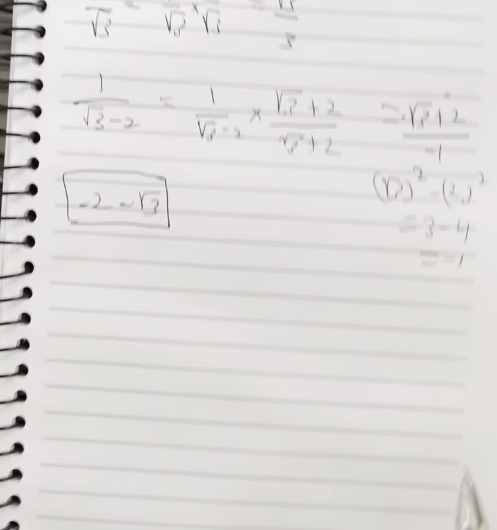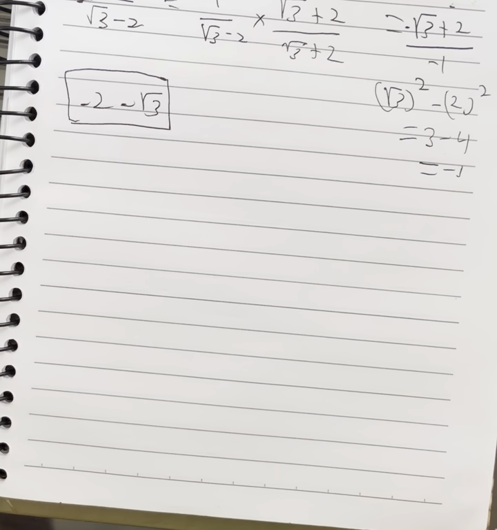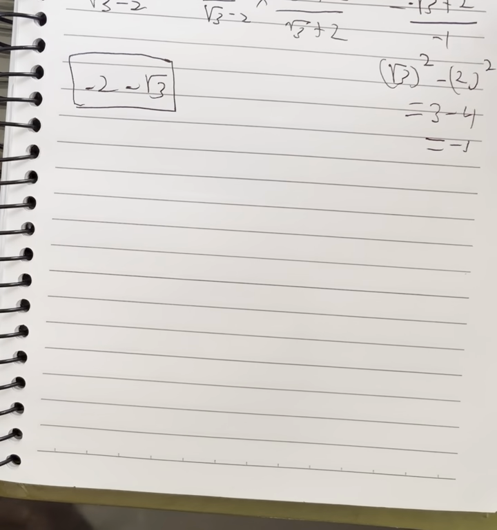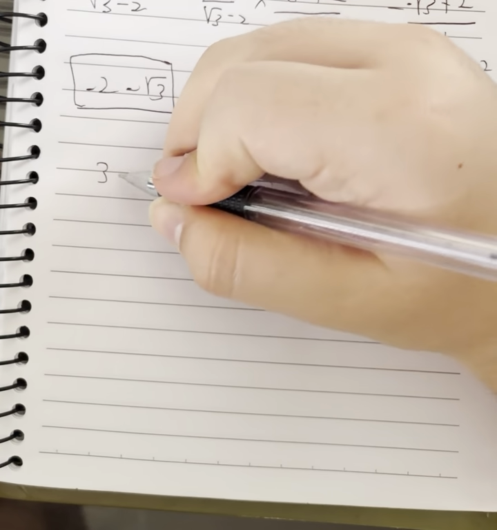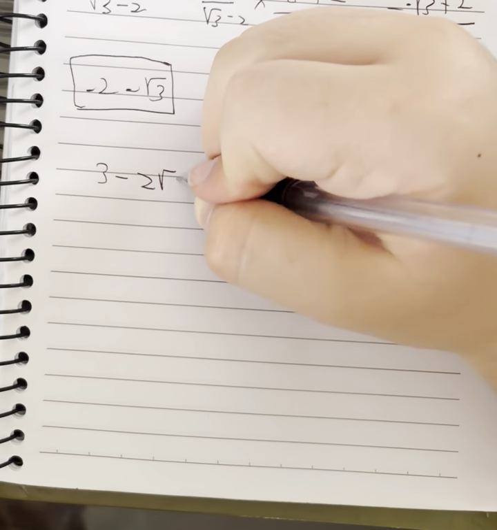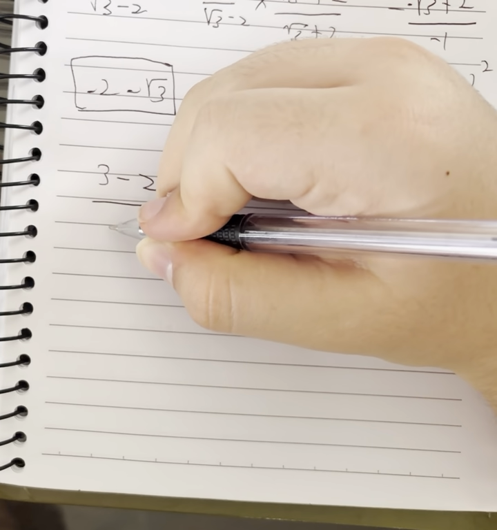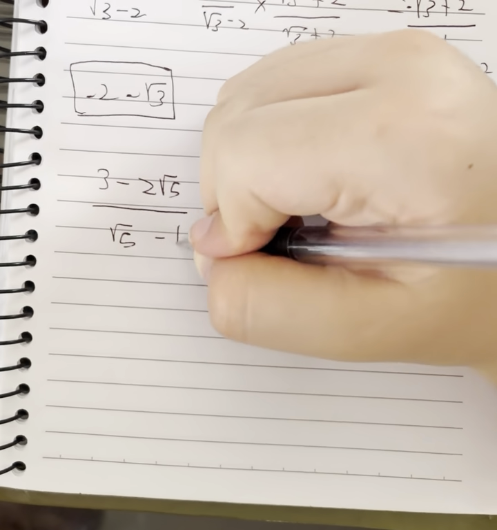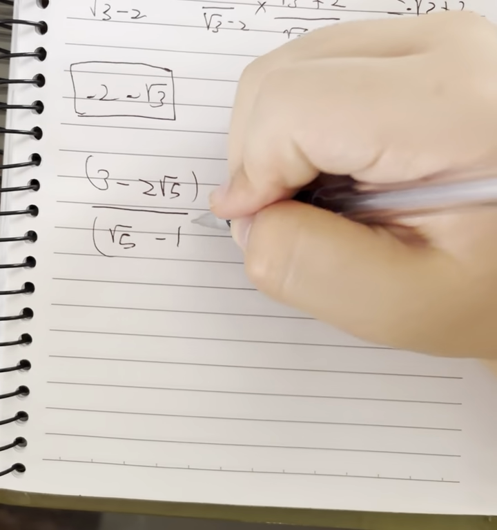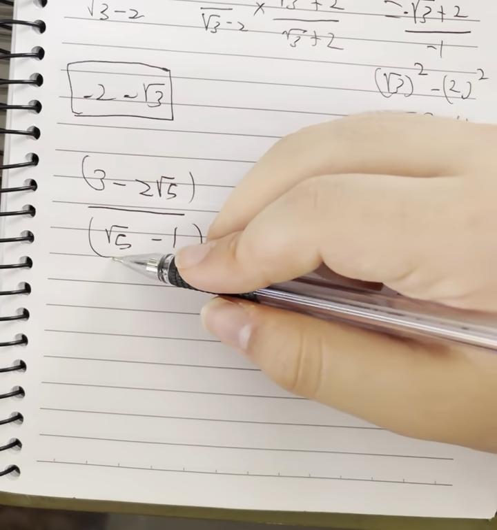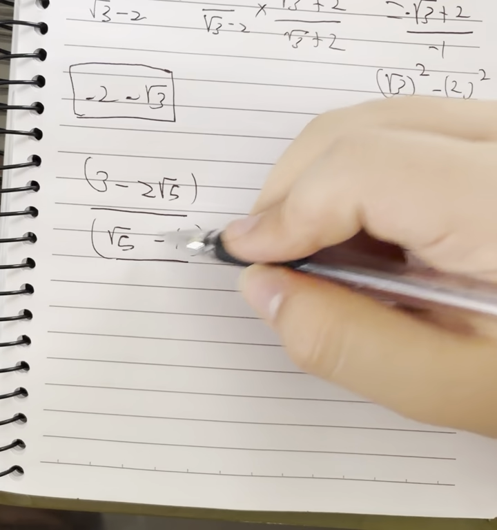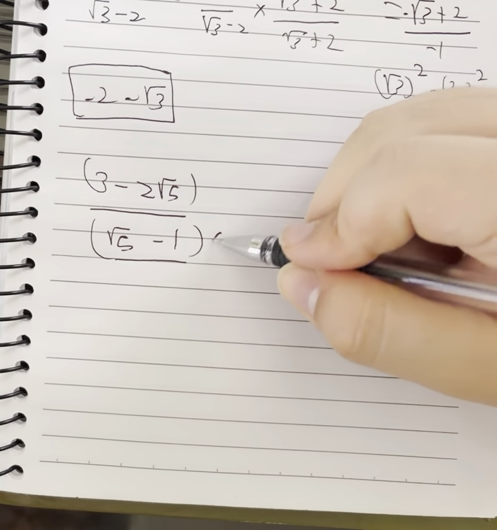Let's try a harder example, which is root 3 minus 2 root 5 over root 5 minus 1. Multiply by the conjugate, which is the denominator, but we just switch the sign.